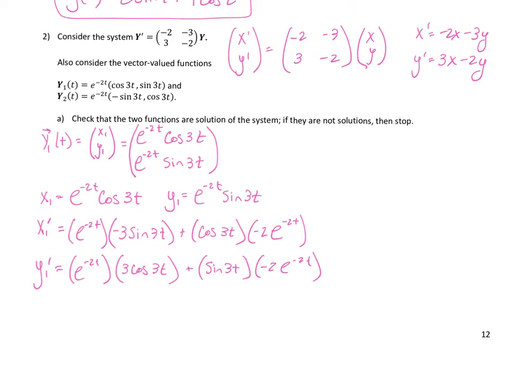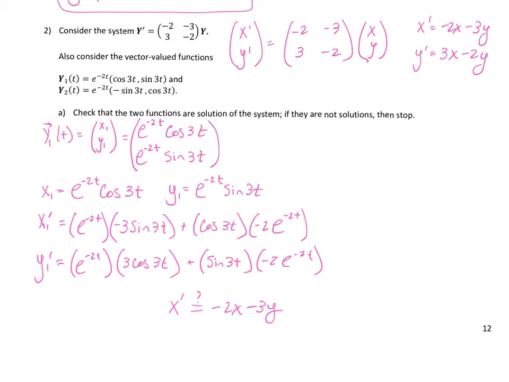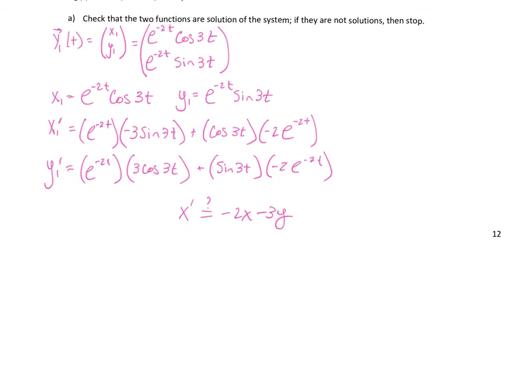So let me rewrite the equations where we can see them. Does x prime equal -2x minus 3y? I want to know, is this true? And then I'm going to come back and do the other equation after this. Okay, so x prime, I calculated it up right here.